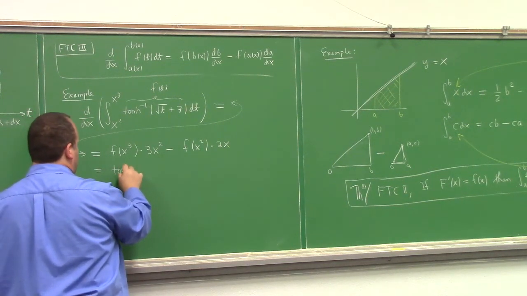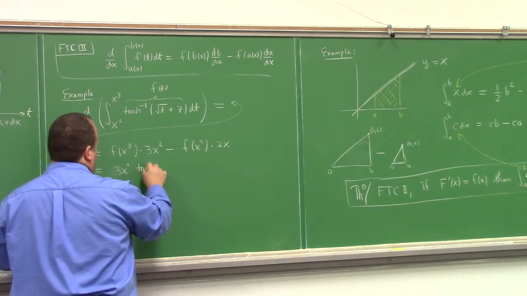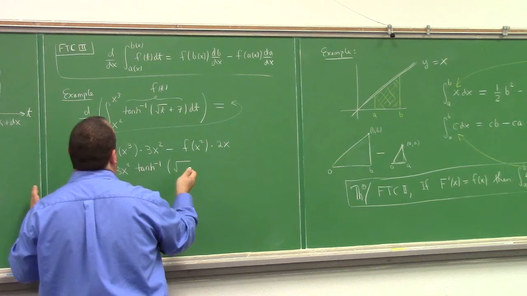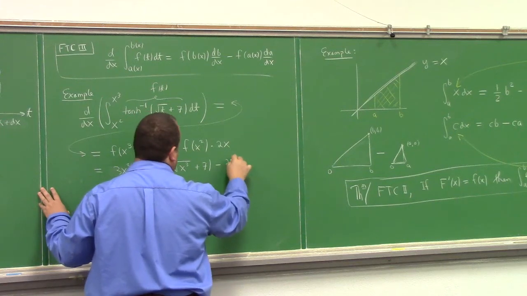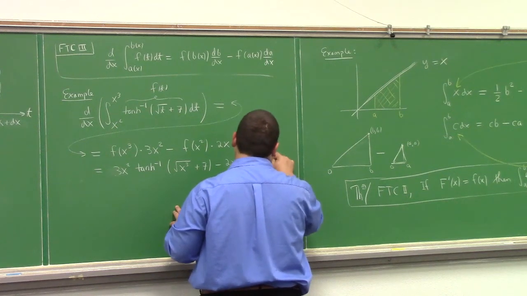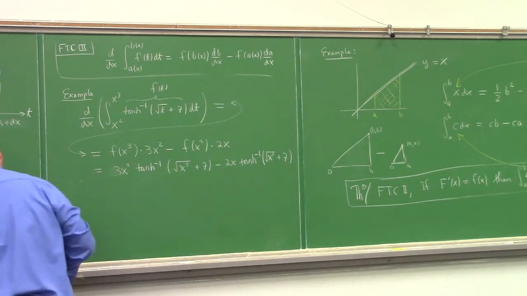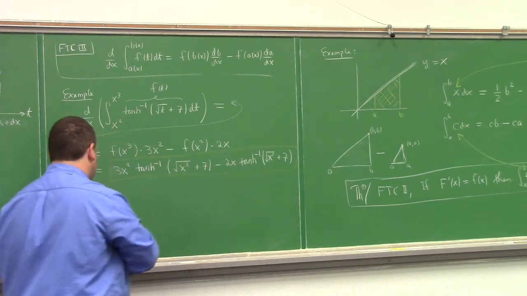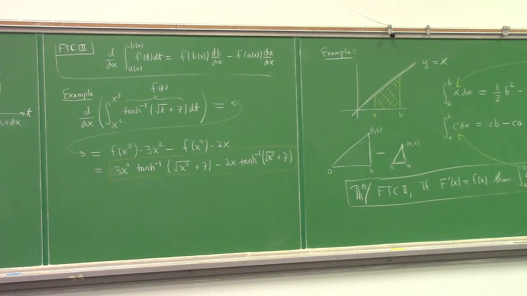So I've got 3x squared times inverse hyperbolic tangent of the square root of x cubed plus 7, minus 2x times inverse hyperbolic tangent of the square root of x squared plus 7. And there you go. That's about as bad as it can get, right?